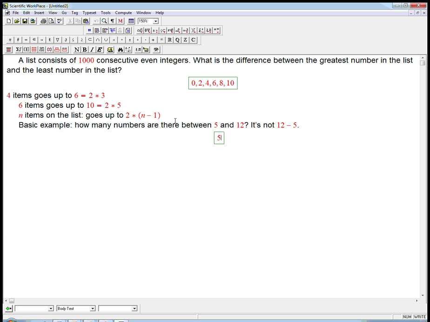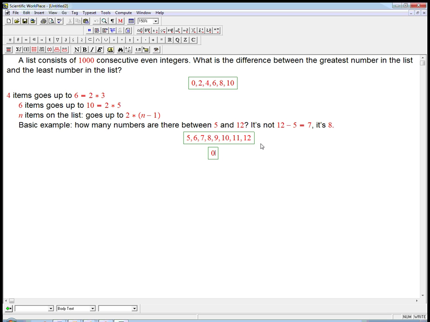If they're just consecutive numbers, 5, 6, 7, 8, 9, 10, 11, 12, it's 1, 2, 3, 4, 5, 6, 7, 8. It's not 7. It's 8. Okay. So when you count things, there's one more thing than you could expect. Or another way to say it is, if you have 6 items, this 6 doesn't go in here. It's really a 5 that goes in here. Okay, so that's a kind of a tricky issue with counting.